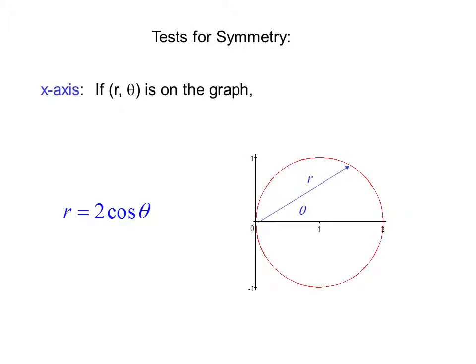Tests for symmetry. X-axis symmetry occurs when, if (r, theta) is on the graph, so is (r, negative theta), as in this graph of r equals 2 cosine theta.